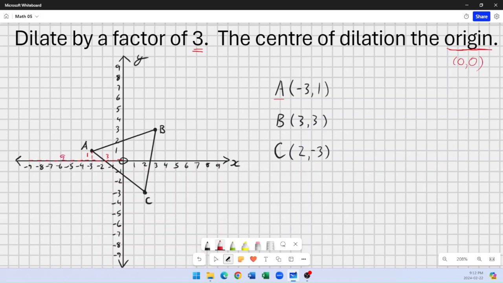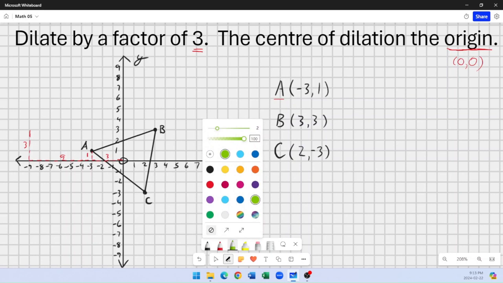Okay, that puts that there. Then point A goes up 1, so 1 times 3 is 3. So let's go up 3 units: 1, 2, 3. My new point is going to be right there. I'll make this green, a nice little lime green.